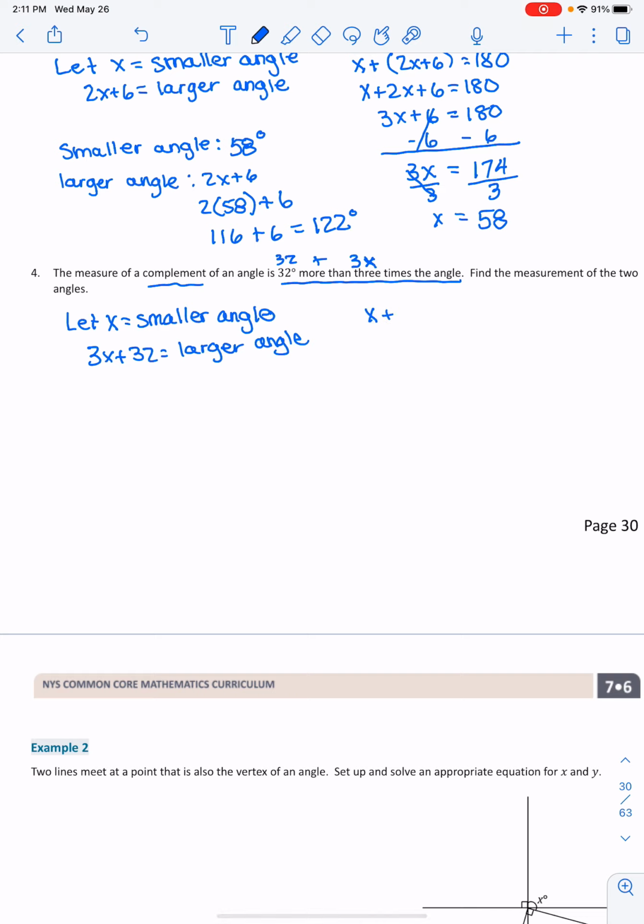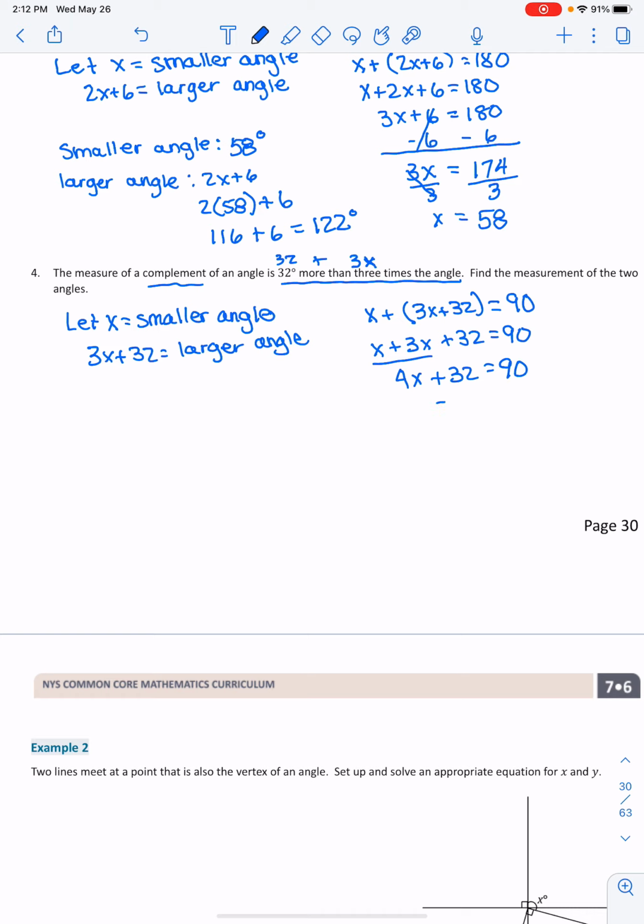So x plus, in parentheses, 3x plus 32 equals 90. Let's take the parentheses off. We've got x plus 3x plus 32 equals 90. Add your x and 3x, so we get 4x plus 32 equals 90.